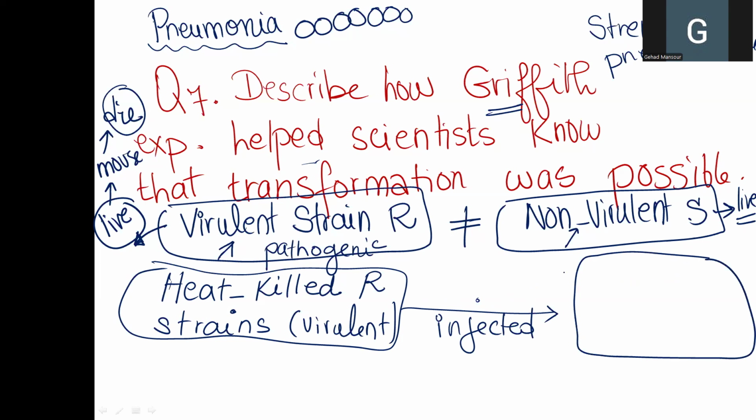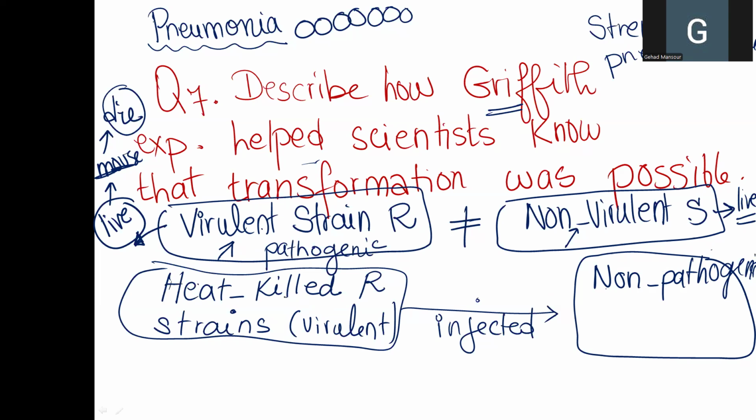They were injected into a bacterial culture where we had the other strain, the non-pathogenic S strain. I repeat that the first time, he injected the virulent strain into a mouse, and he injected the non-virulent strain into a mouse. But this time, he did a different step.